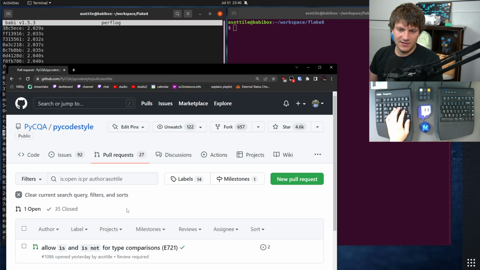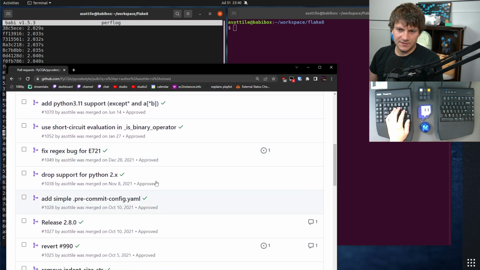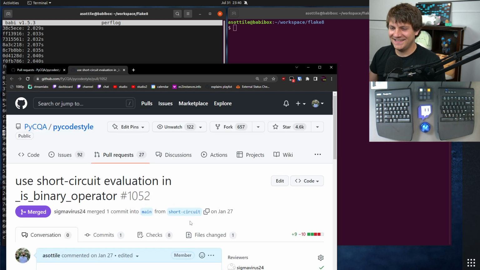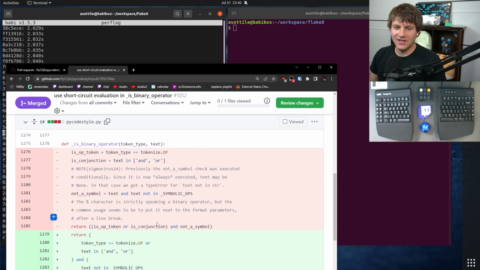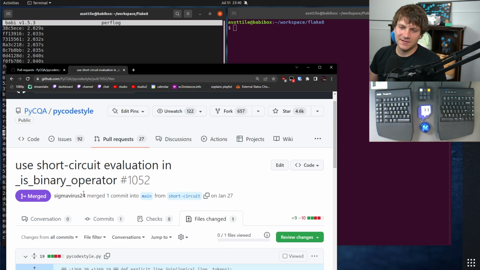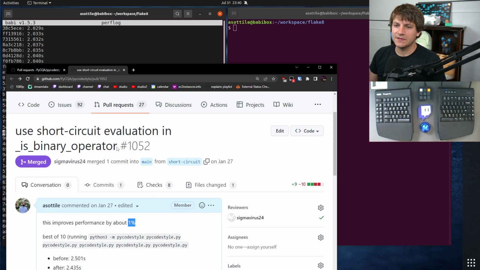Authored by me, merged. Where was it? This one. Teeny tiny performance improvement by using short circuit evaluation instead of computing all of these ifs here. And this was about a 1% improvement in pycodestyle, which is only one part of flake8, so it doesn't necessarily contribute to the overall performance, but made a pretty significant difference in pycodestyle.